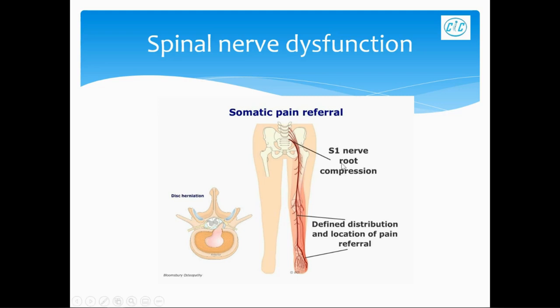And so these nerves have different types of distribution, and S1 is a very powerful nerve that reaches all the way to the pinky toe and to the side, and also to a big part of the foot. As it travels down, this spinal nerve can be irritated, and in this picture it shows that it can be irritated by this protrusion.